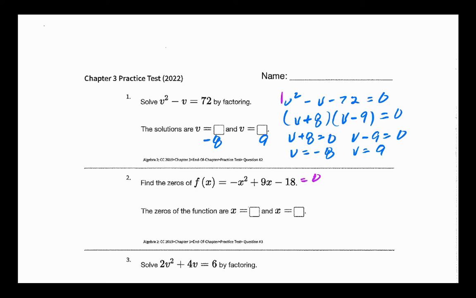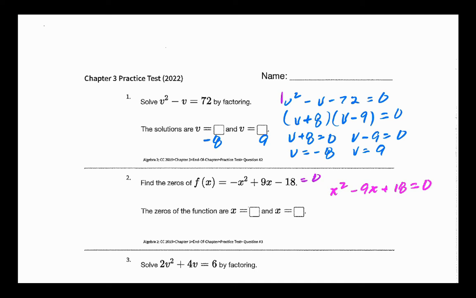Why don't we just divide through by negative 1? All that's going to do is make all of the things change signs. So then I'll have x squared minus 9x plus 18 is equal to 0. And that's a lot easier to deal with than having a negative in front of the x squared.